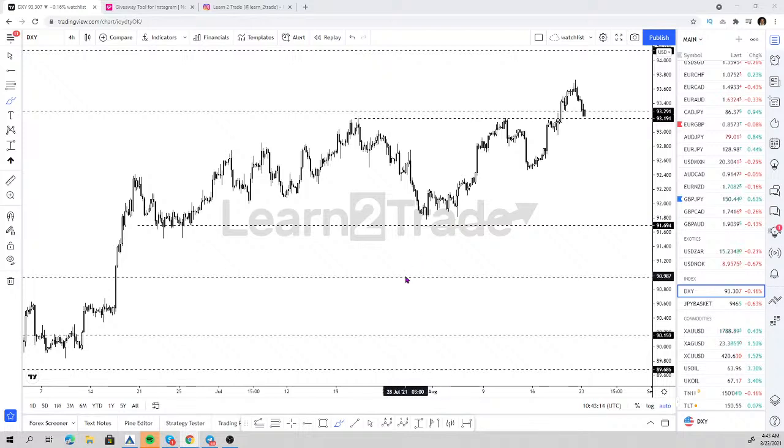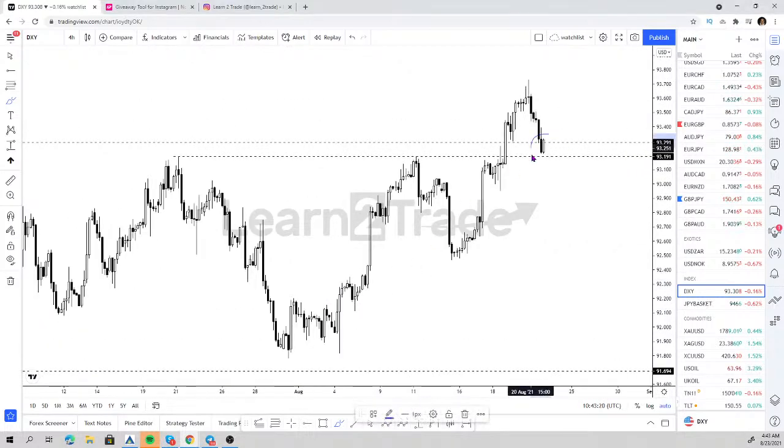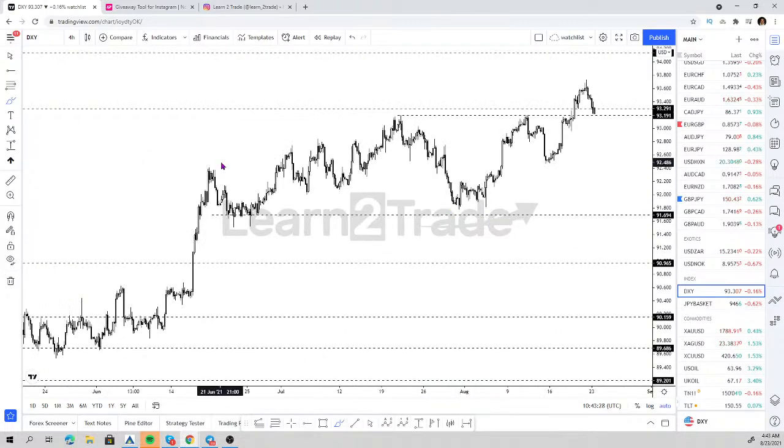But you have to trade what you see, and because right now I'm trading short term, I am looking for longs on the US dollar, even though fundamentally I believe that the US dollar is bearish, right? But that doesn't matter. You have to trade what you see.